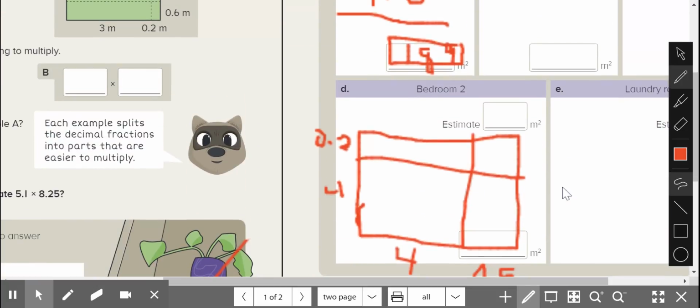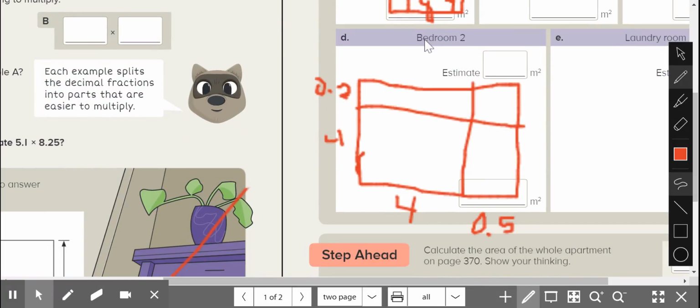Just in case you are interested in using a picture to solve this problem, I went ahead and put this together as picture 2. This isn't bedroom 2, by the way. This is bedroom 1. I just put the numbers over here.